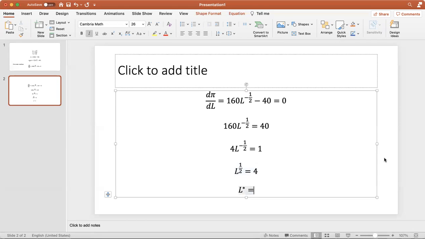Optimal amount of labor would be equal to 2, all right? So the firm should hire 2 workers, given the price of input 40, and given the market price of 160. Hiring more than that will eat up on the firm's revenue and will yield lower profits.